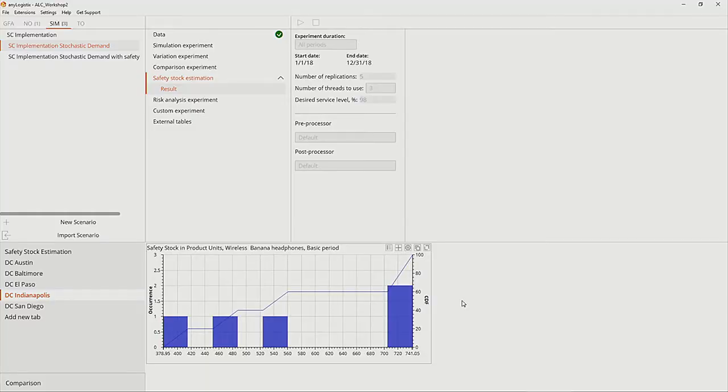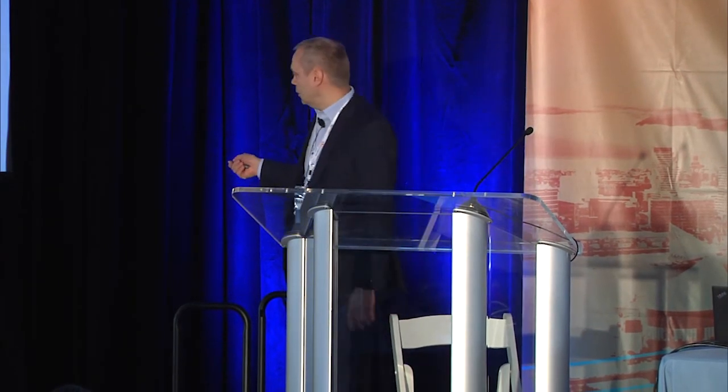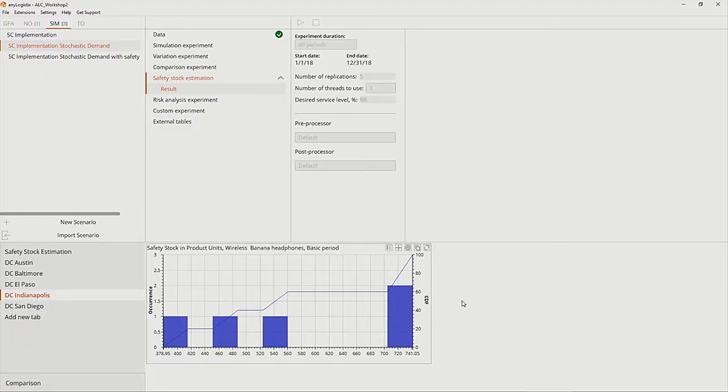So the idea behind that histogram, again, says that, let's say, if you have a safety stock like that, 741, then in 100% cases, it will be enough for you to provide the service level you want. Let's say that safety stock, which is, I guess, 560, yeah, this one.